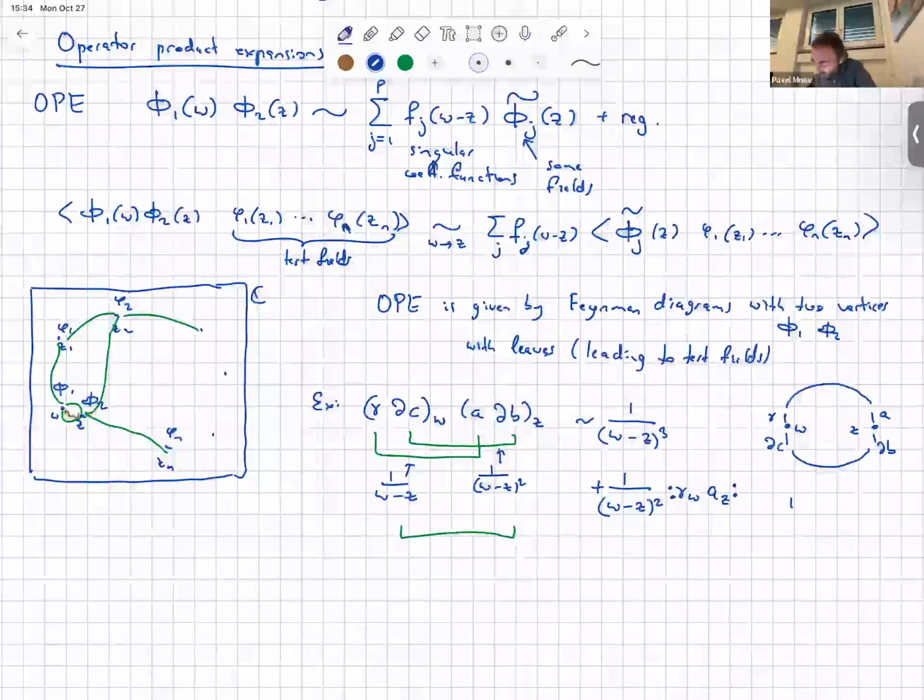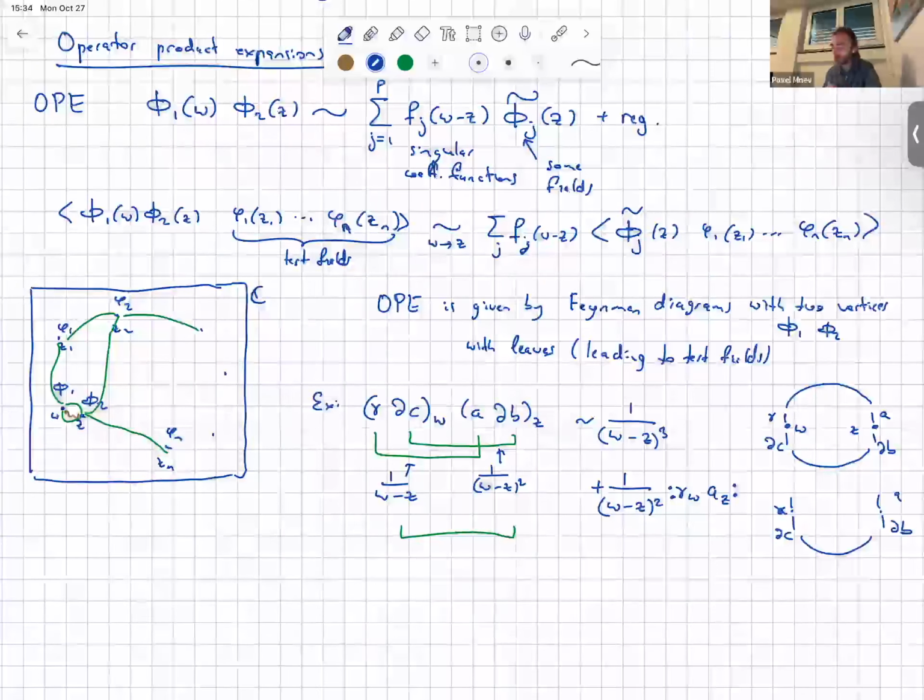Pictorially, this corresponds to gamma del C, A del B, where I'm contracting del C with del B, and gamma and A lead to some test fields far away.